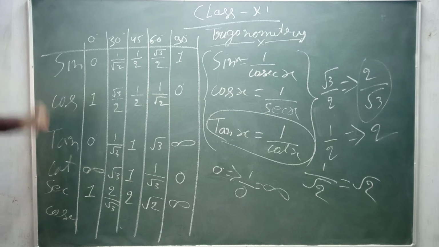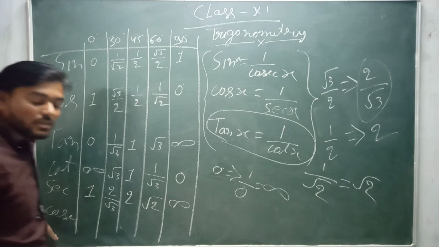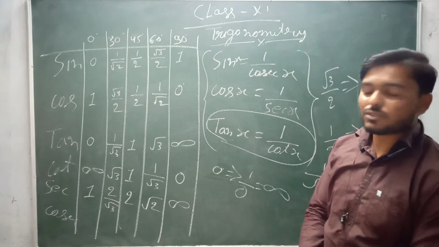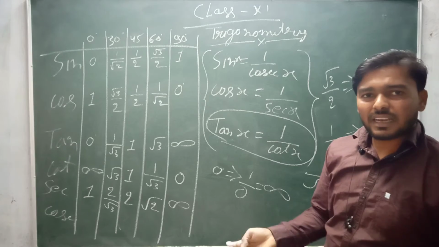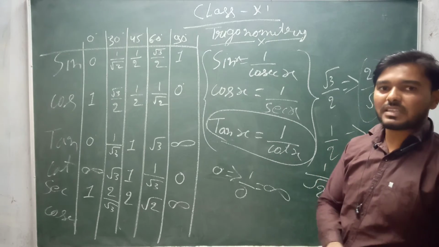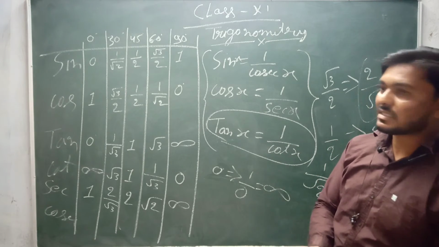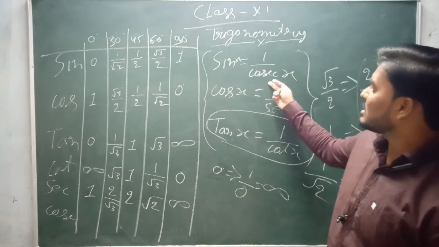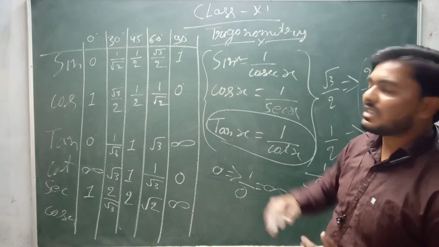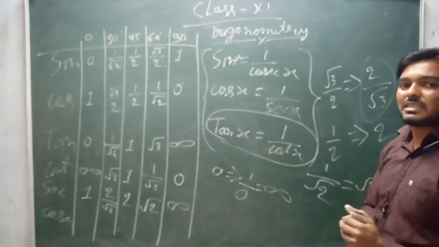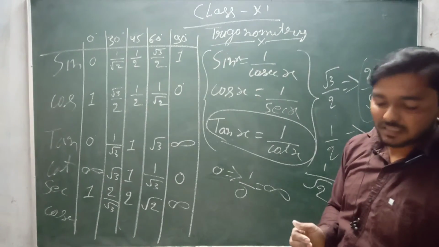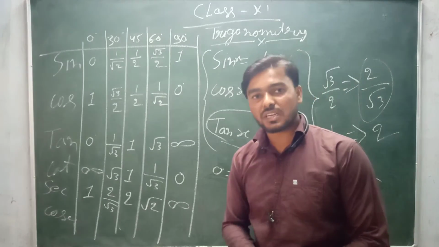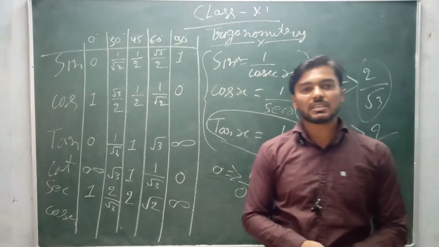Now the cosec. We are going to see whether there is any relation of cosec with other trigonometric functions. Yes, there is a relation between cosec and sine. Both are reciprocal of each other, so the values of sine will be reciprocated to get cosec values.